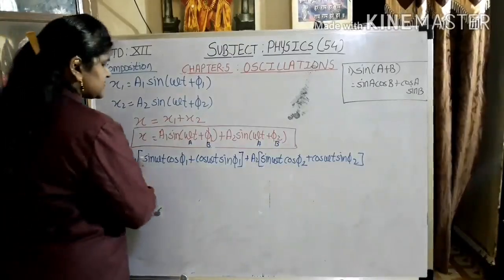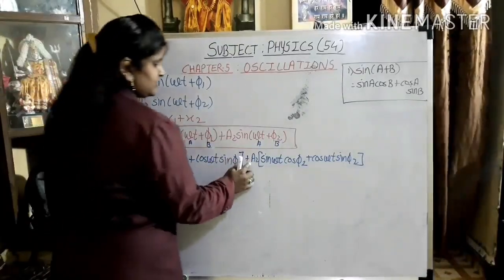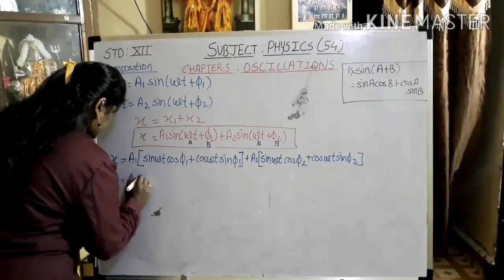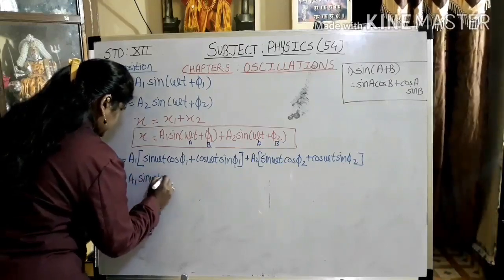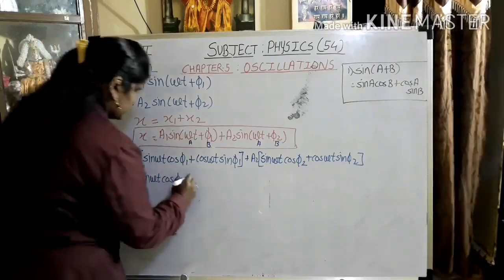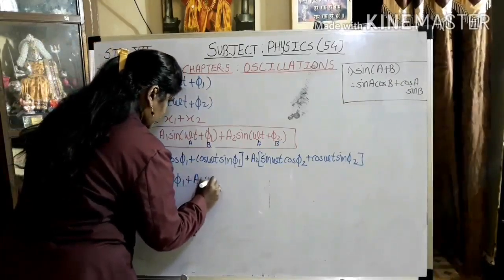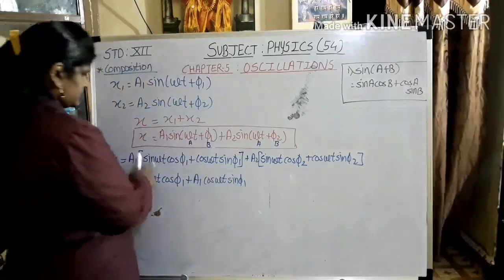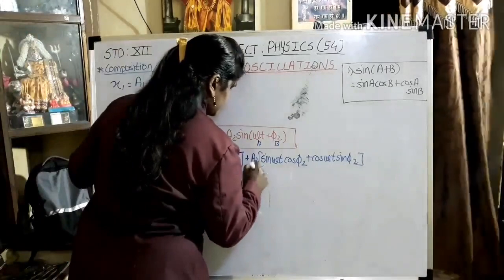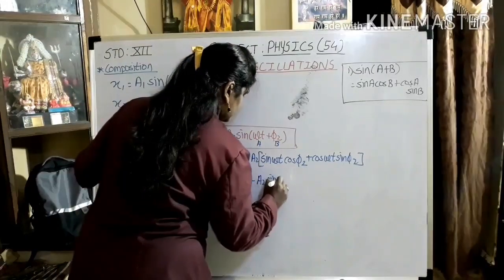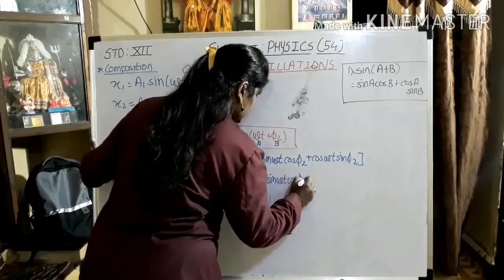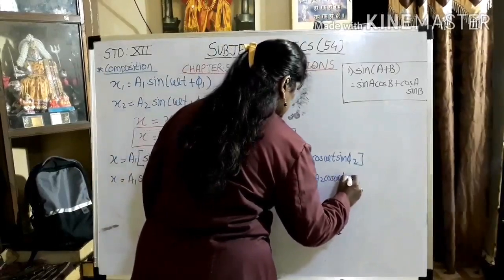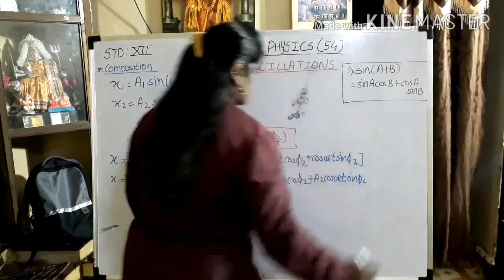So I will multiply a1 to the first bracket and a2 to the second bracket. So what will I get? I will get a1 sin omega t cos phi 1 plus a1 cos omega t sin phi 1. This is the first bracket, and the second bracket is a2 sin omega t cos phi 2 plus a2 cos omega t sin phi 2.